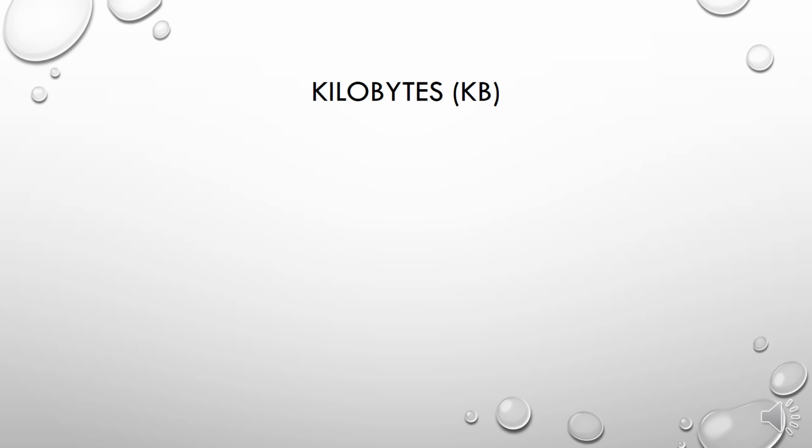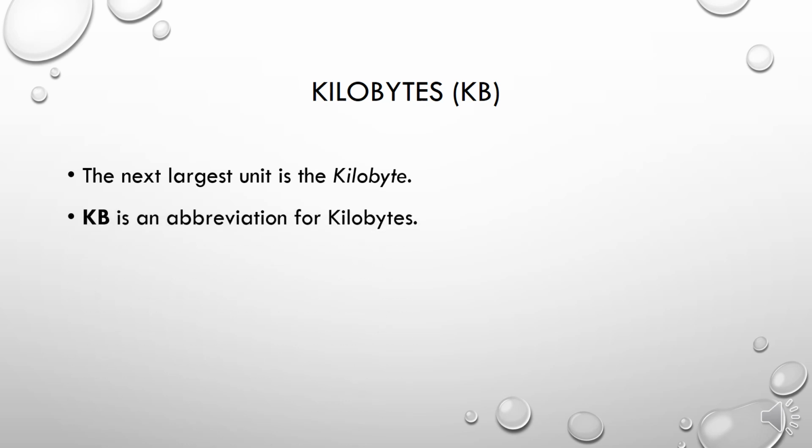The next unit after byte is kilobyte. The word kilo stands for 1000. The next largest unit is kilobyte. So KB is an abbreviation for kilobyte. K stands for kilo, while B stands for bytes.